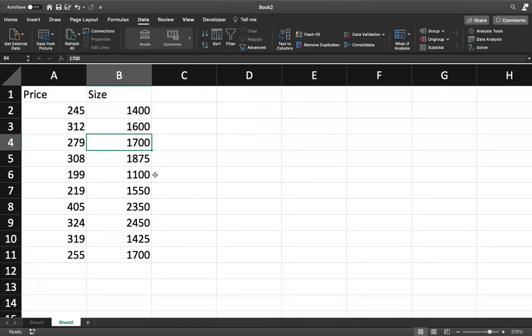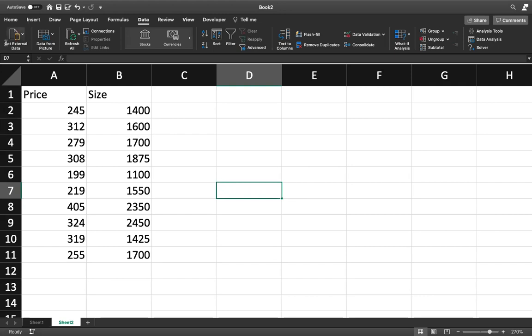So we have the price and the size, and you want to use Excel first to find a solution, and when we are done, we would use the mechanical approach. Once you have invoked your Analysis ToolPak, it's the same way as you would have invoked Solver in linear programming, right?